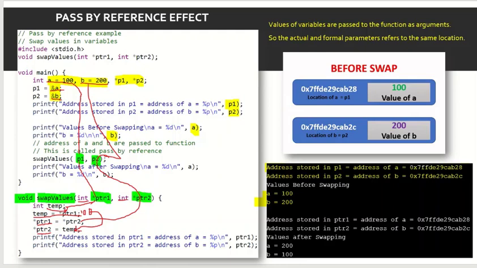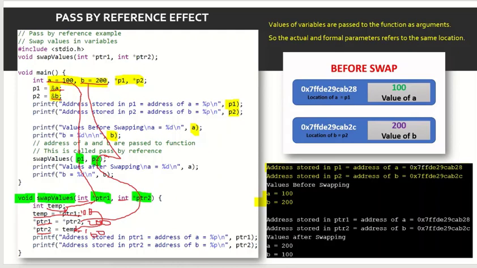So now after this operation, b will hold the value 100, and through this operation a will hold the value 200 also. That means after the swap operation, a will hold 200 and b will hold 100.